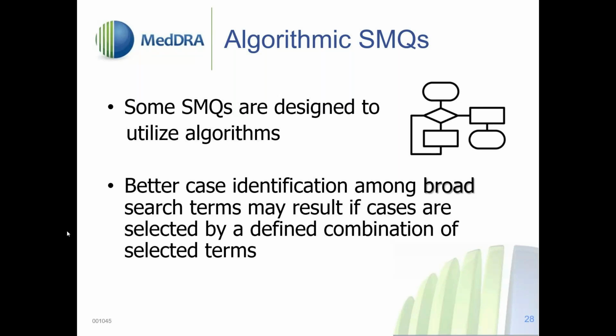So if the algorithm is used, you usually have a combination of broad search terms, which make it more likely that the case you're looking at is really relevant for the topic of interest. And 10 out of our 110 SMQs have this algorithmic search possibility.